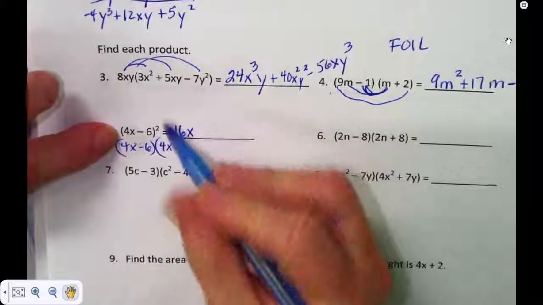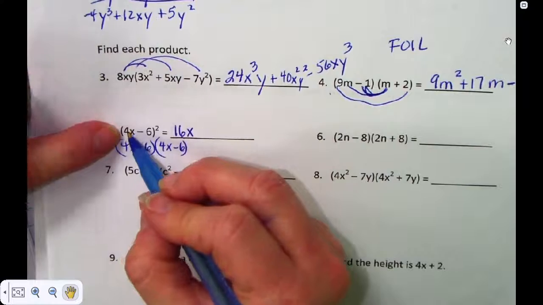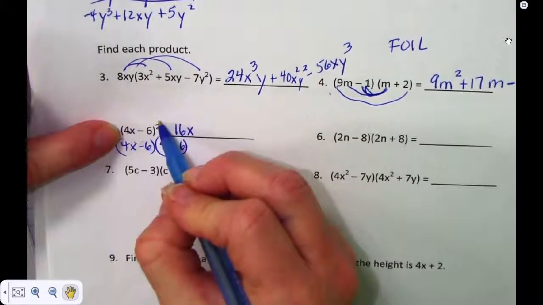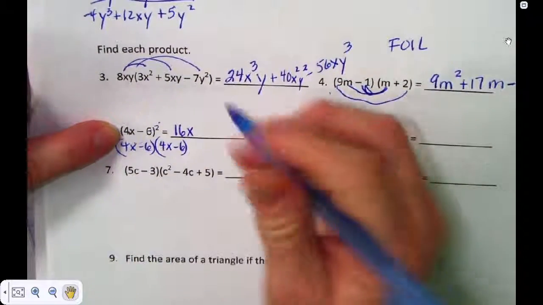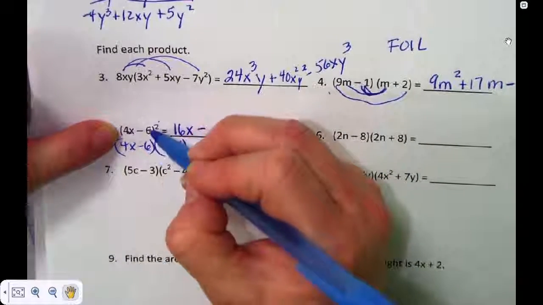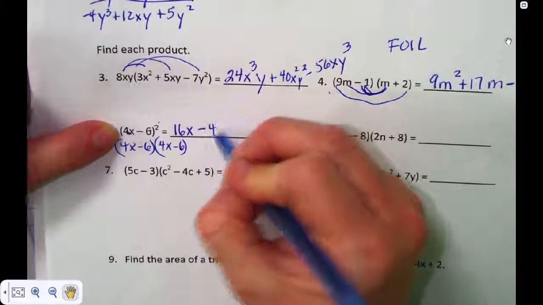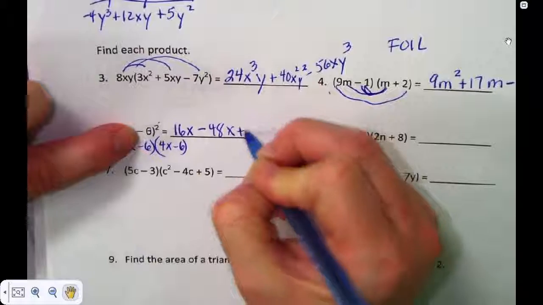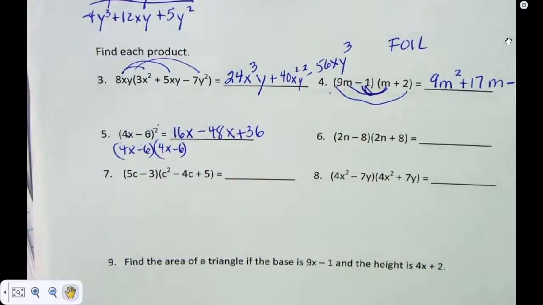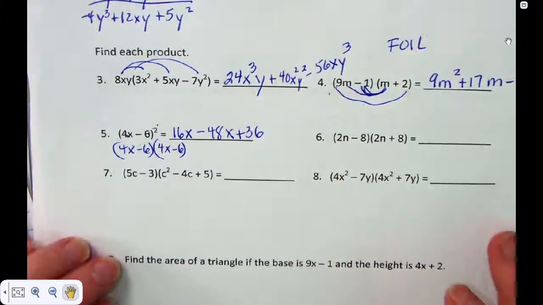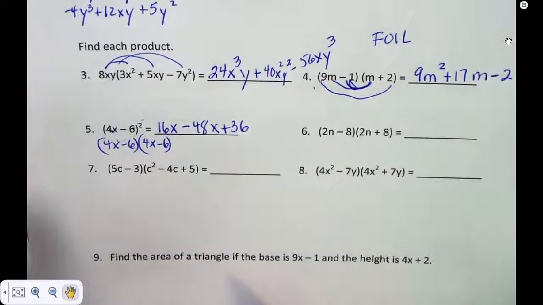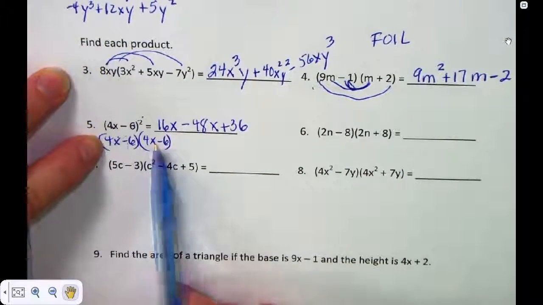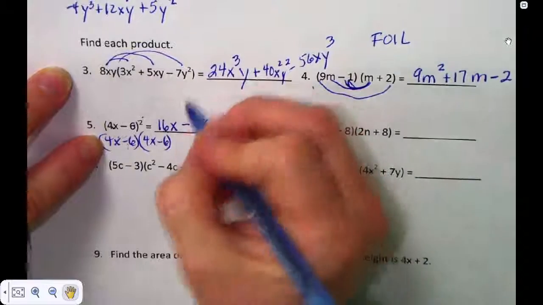So the trick is 4x squared. You multiply and then you double. So 20 minus 24x minus 48x, and then plus 36. But if you do it this way, you're still going to get the same answer. Oh, wait, squared, excuse me.